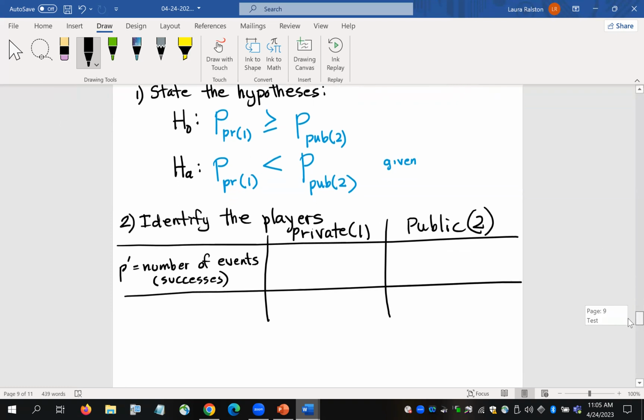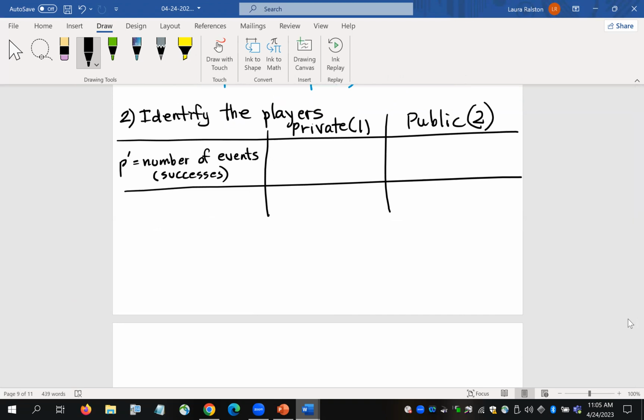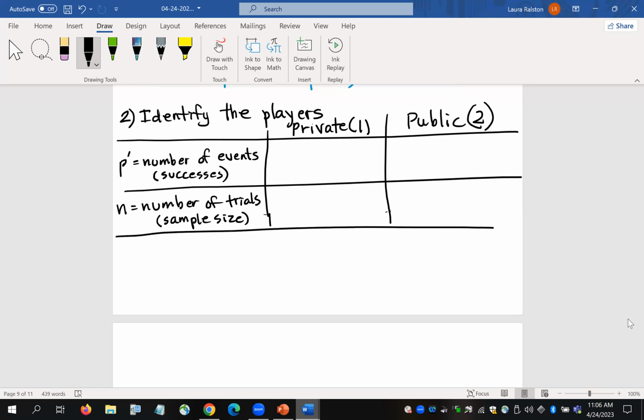We also need N, which is the number of trials, or the sample size. We also need alpha and the confidence level, all of which is given in the scenario. I just have to go back and pull it out.